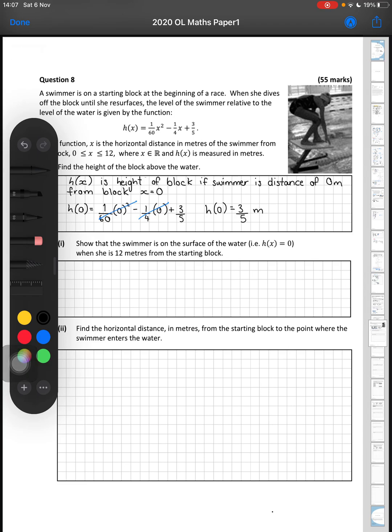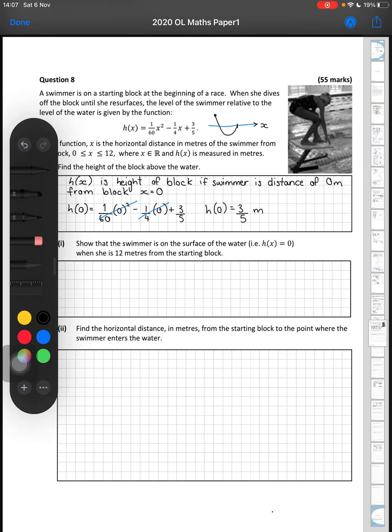Part 2 then says, show that the swimmer is on the surface of the water, i.e. h of x is 0, when she is 12 meters from the starting block. If we have a look at this function, guys, it shows the swimmer starting off on a block, maybe up here, diving into the water and then coming back up.